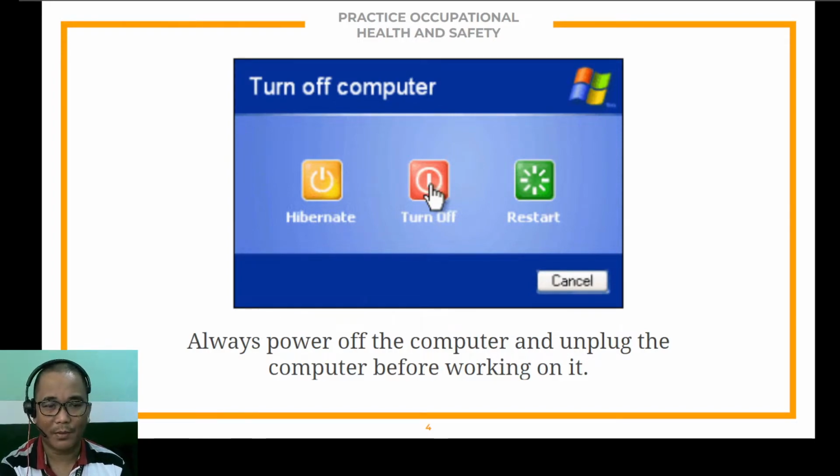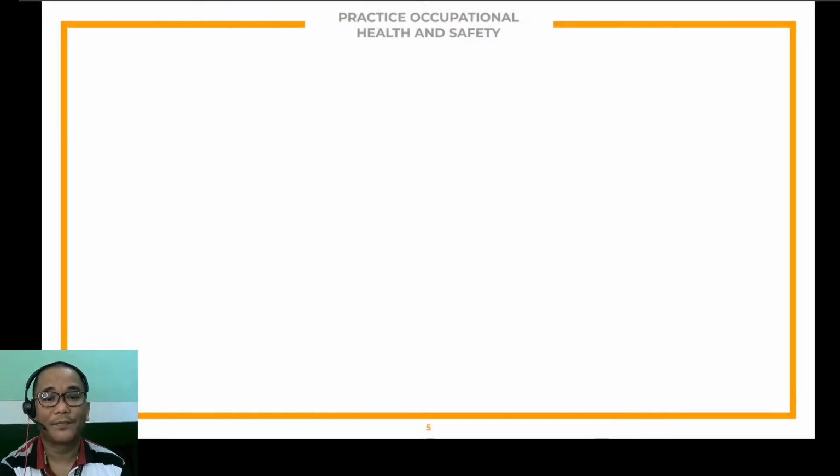So always power off and unplug the computer before working on it. Aside from that, it can also cause damage to the computer components when you are working on it while it is plugged in.